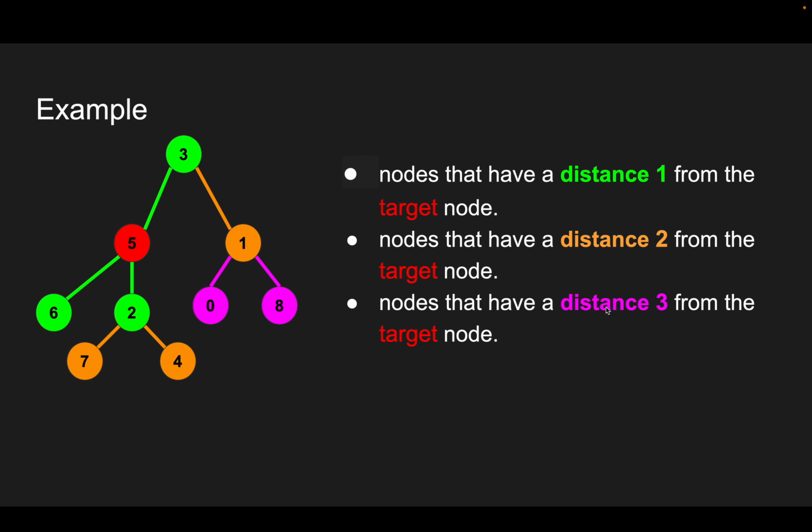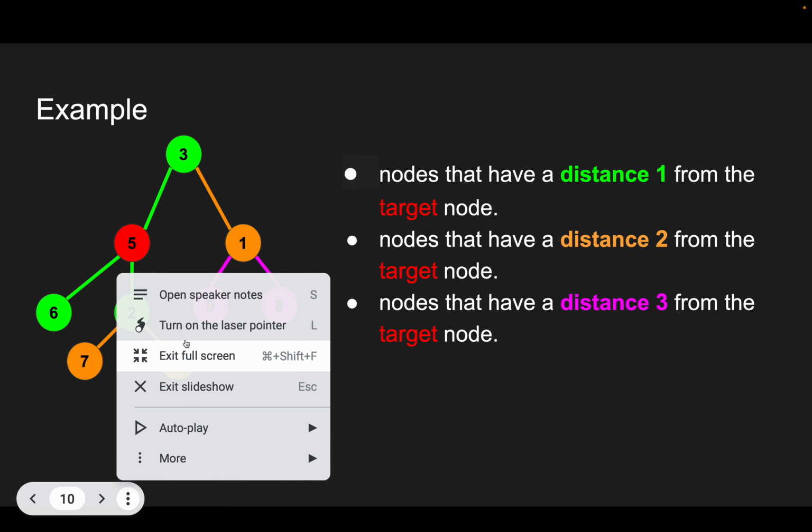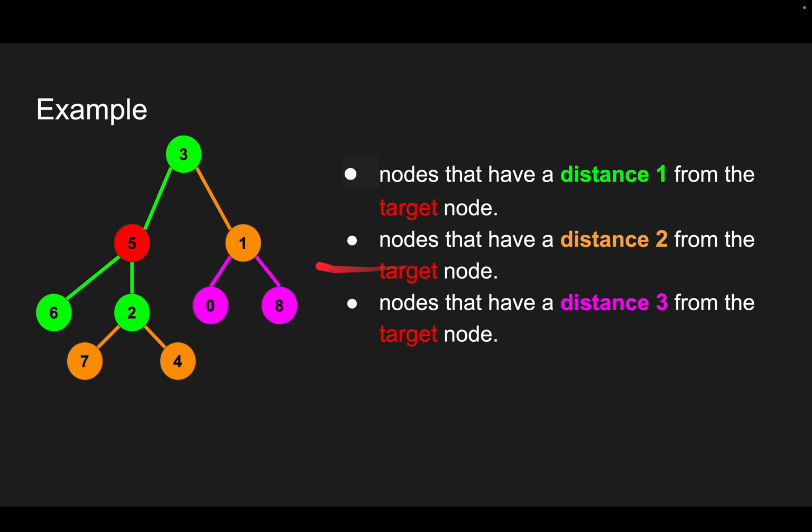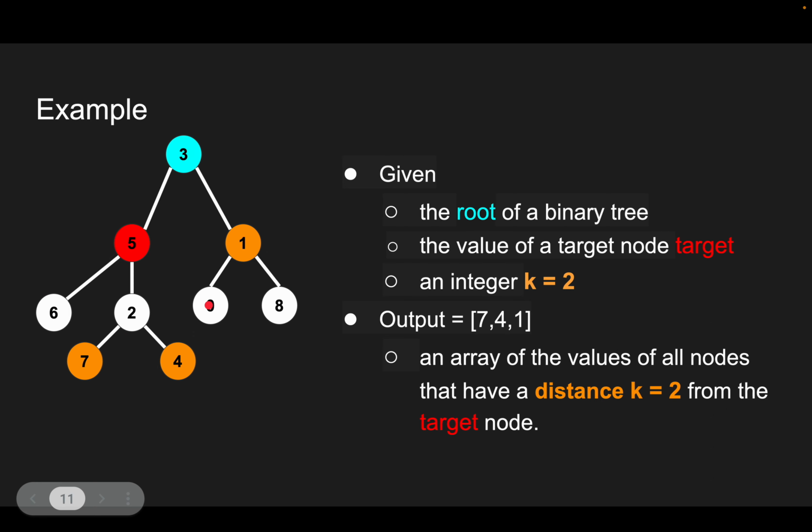Nodes that have a distance 3 from the target node are 0 and 8. Distance 1, distance 2, distance 3.